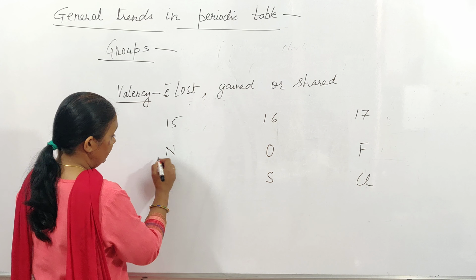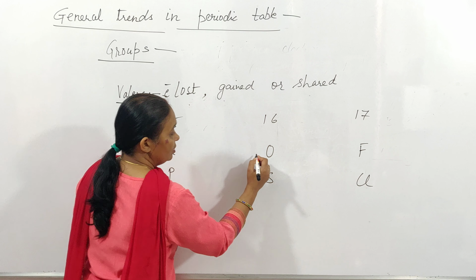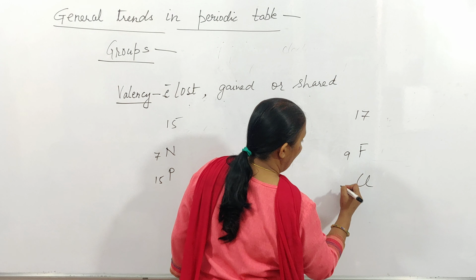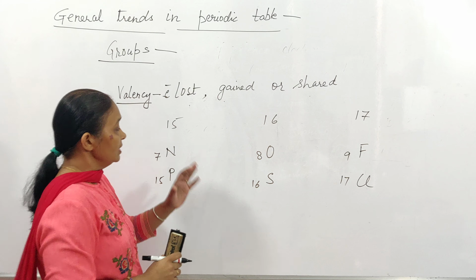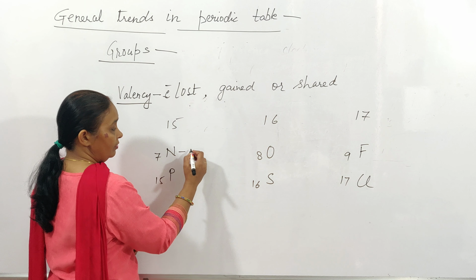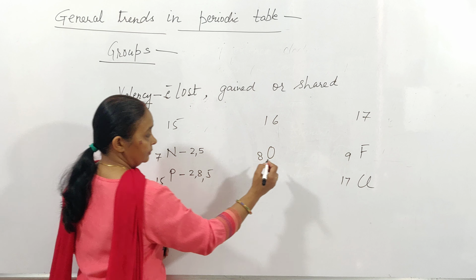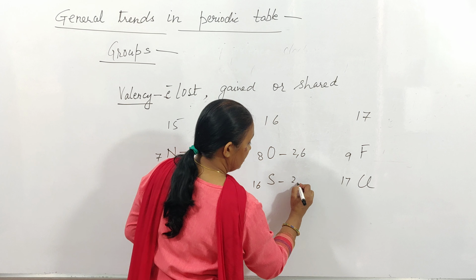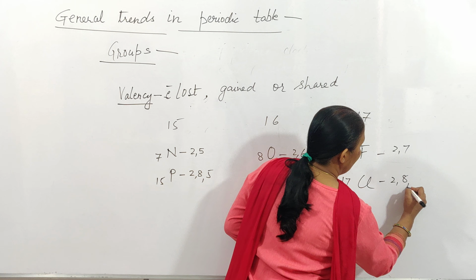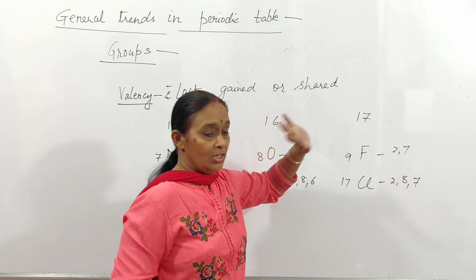So you have nitrogen atomic number 7, phosphorus as 15, oxygen atomic number 8, sulfur 16, fluorine 9 and chlorine 17. So these are the elements of 15, 16th and 17th group. Their electronic configurations, if we write, they are 2, 5; 2, 8, 5; 2, 6; 2, 8, 6; 2, 7; 2, 8, 7.